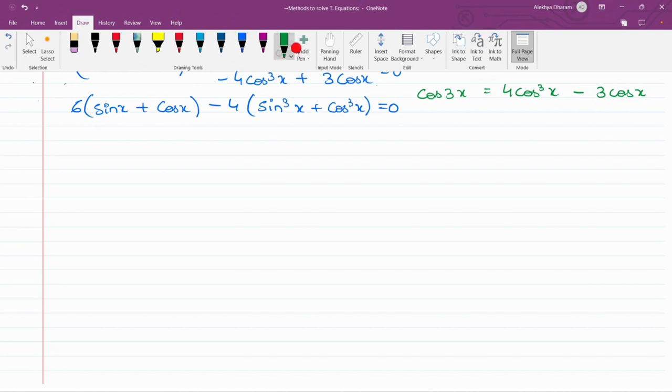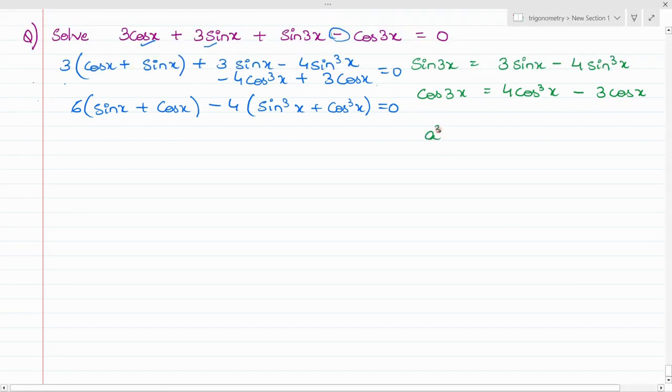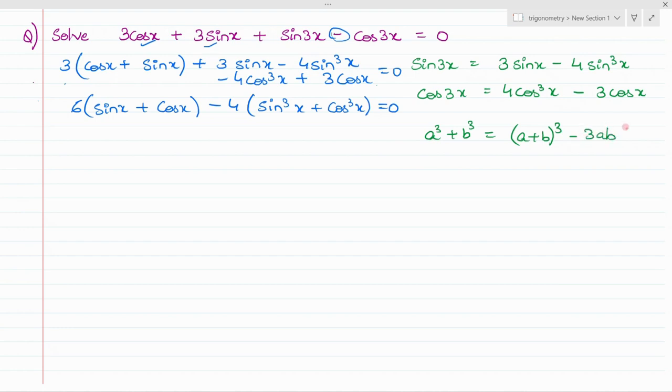First, you need to know the formula for a cube plus b cube. What is the formula for this? It's nothing but a plus b whole cube minus 3ab into a plus b.